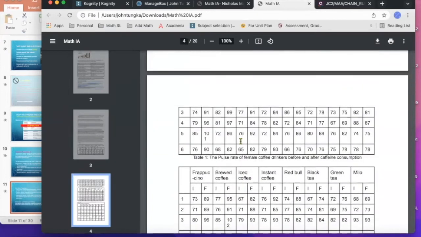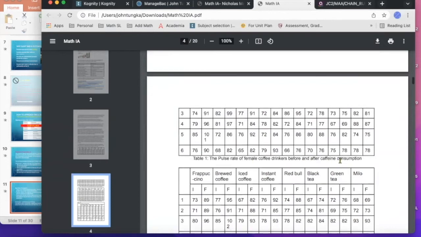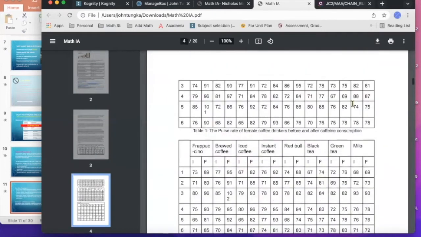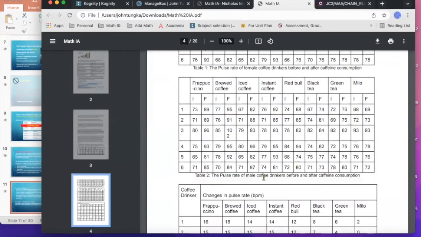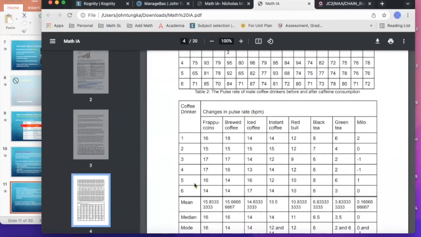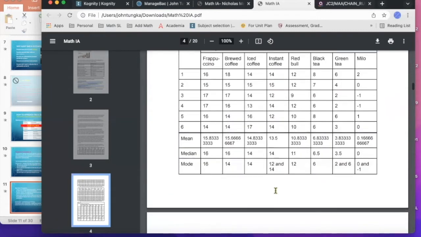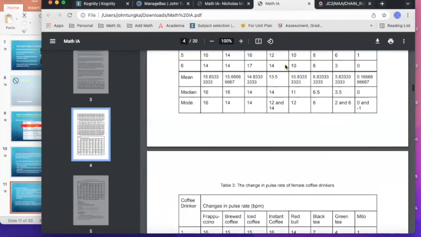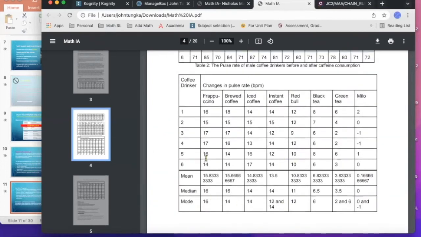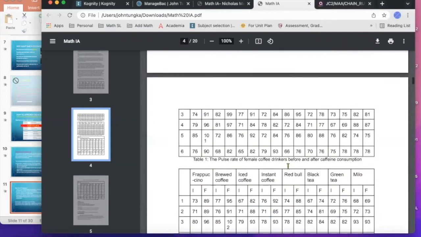So these are all the data for female pulse rate before and after caffeine consumption. And these are the drinks. Fine. And this is for male. Now, does this table number 3, again, please rearrange this, relate to table number 1?